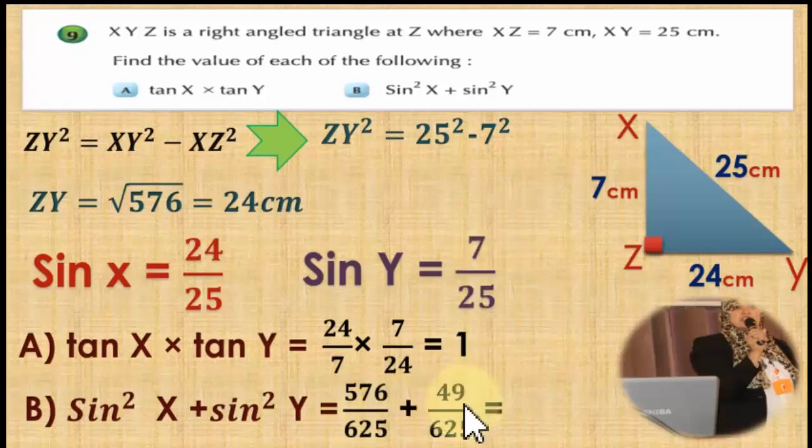Plus 7 power 2 equals 49. 25 power 2 equals 625. Here we have the same denominator, so we can add numerators. So this term equals 625 over 625, which is 1. Now we calculate sine power 2 x plus sine power 2 y.